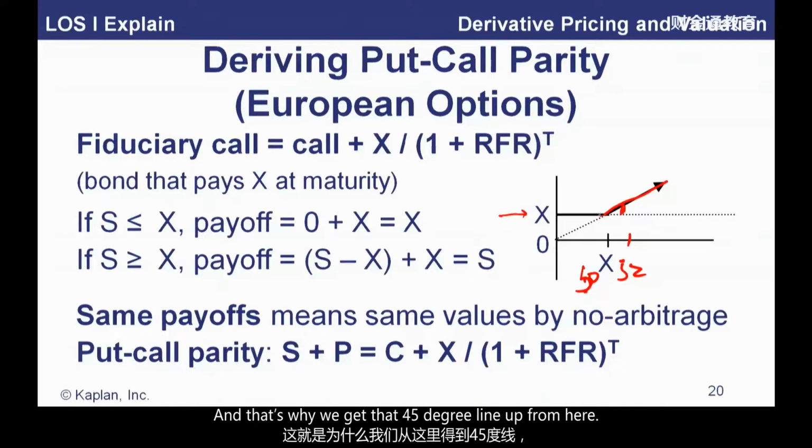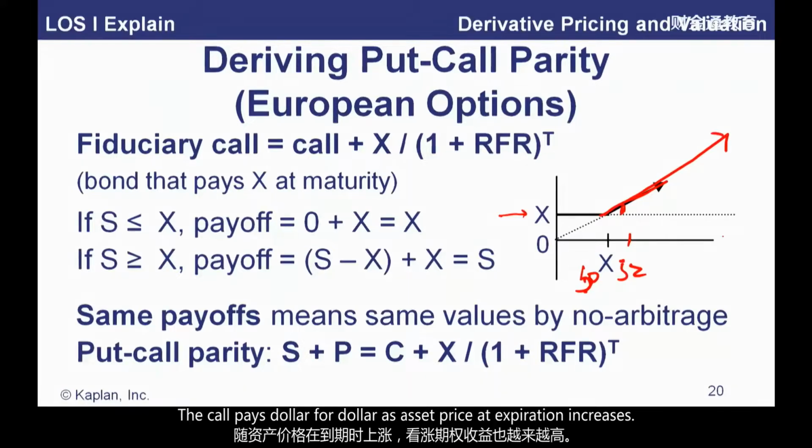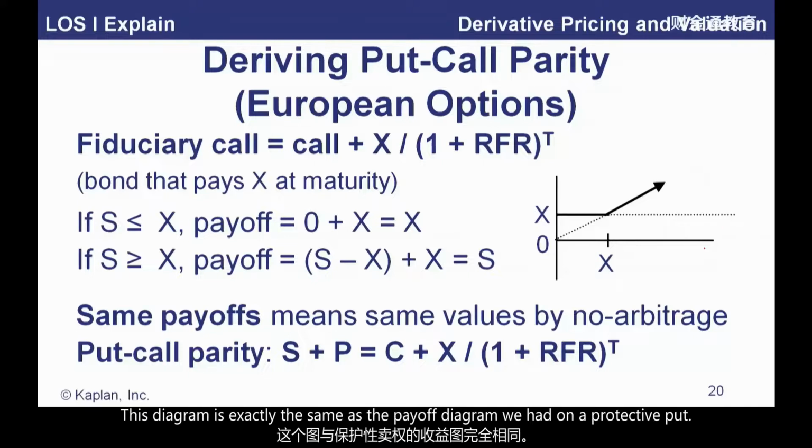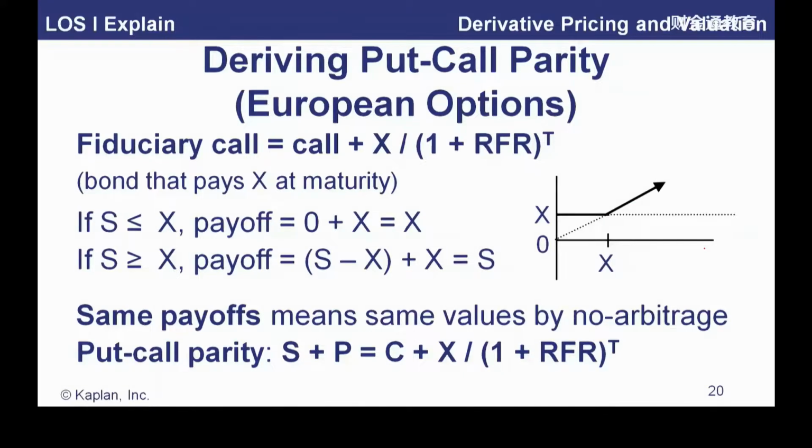And so that's why we get this 45-degree line up from there. The call pays dollar for dollar as asset price at expiration increases. Now, we're almost to the punchline here. This diagram is exactly the same as the payoff diagram we had on a protective put.